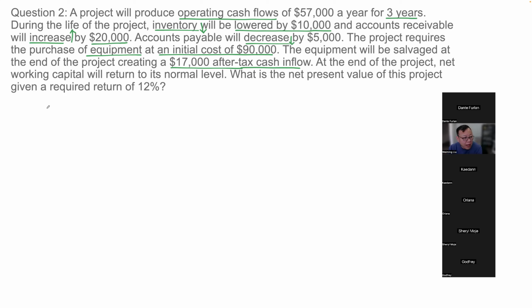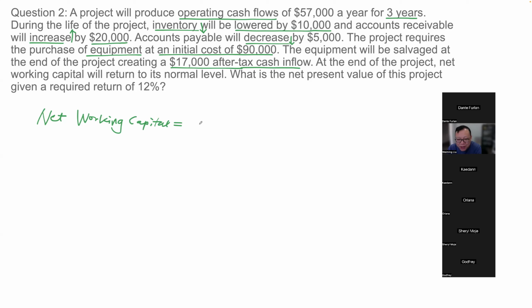So now let's take a look. What is the net working capital? Can anyone tell me how you calculate this? This question should be fair. You definitely should know this.